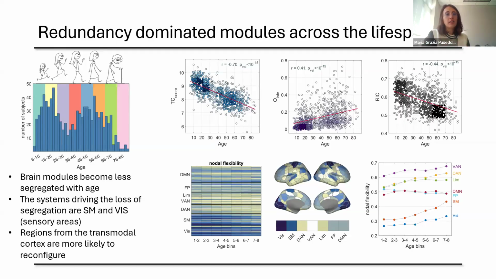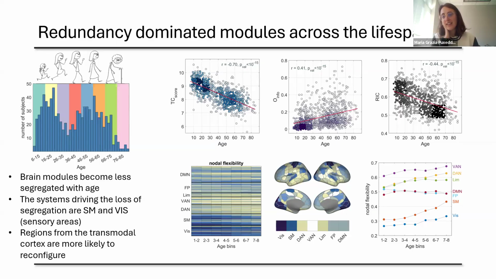But I don't know, maybe I could speculate that because the sensory areas were the ones with the highest topological specialization, maybe the brain as we age goes to a level where it flattens in a way, like maybe all the regions tend to have the same amount of topological specialization. But for genetic causes or cellular causes, I don't know.